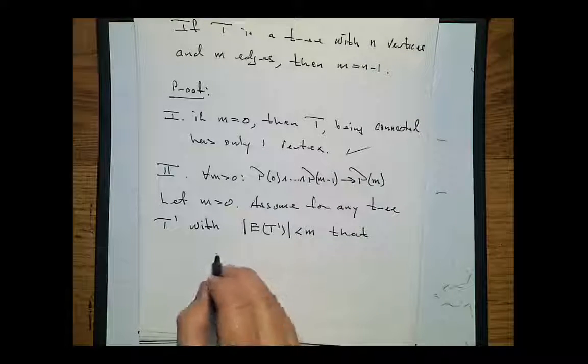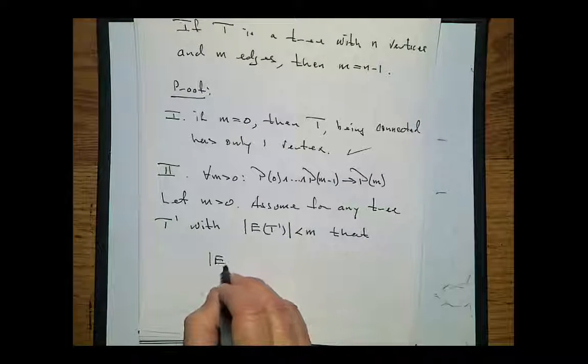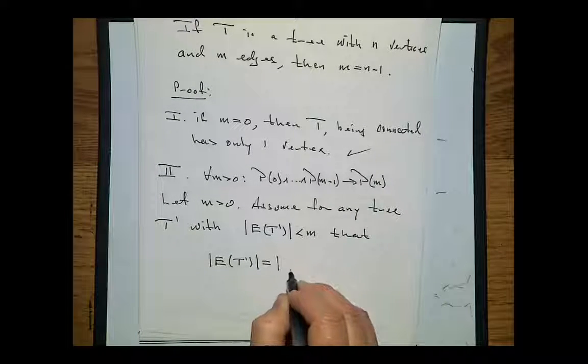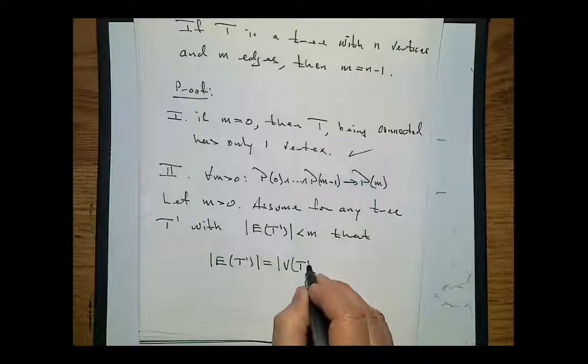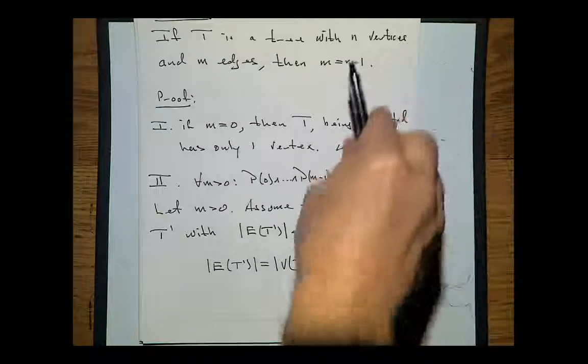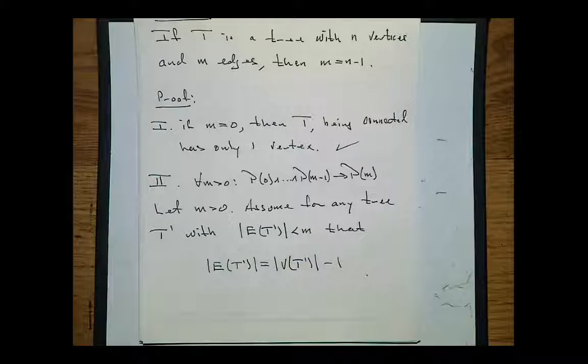That is to say, number of edges in T prime equals number of vertices in T prime minus 1. That's the explicit statement of the induction hypothesis. So, in other words, the theorem is true for anything smaller than m edges.